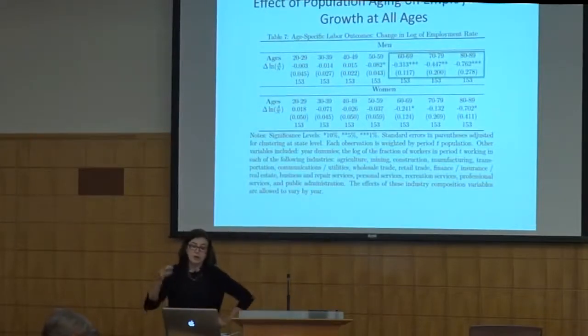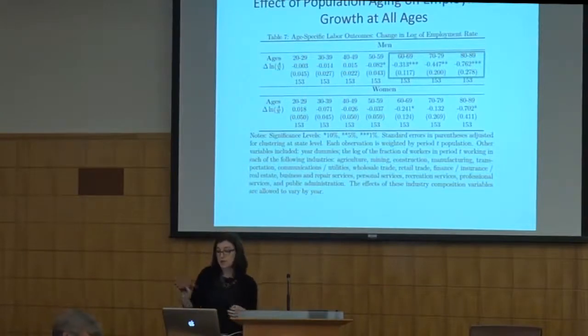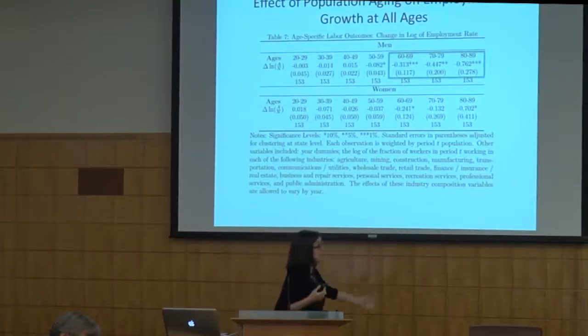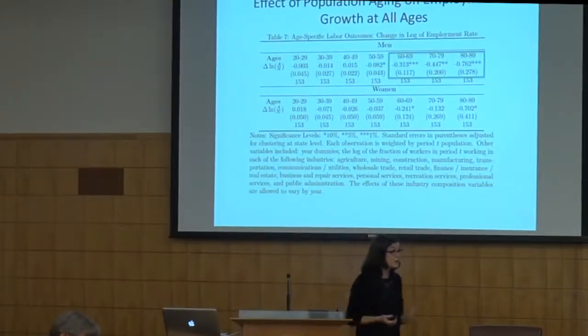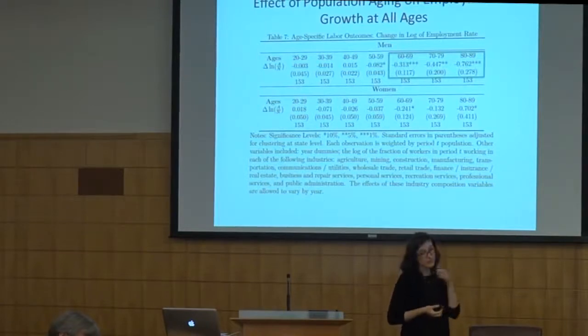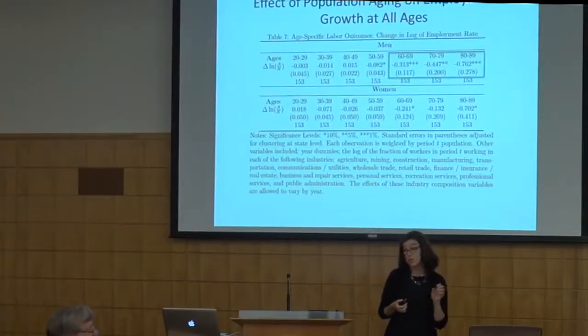We also looked at the effect of growth in the aging population on all ages. It's interesting to think about what's happening to younger workers as the population ages. Here we're using the same methodology, looking at growth in employment and employment rates by age, and these are separate models for each age group.